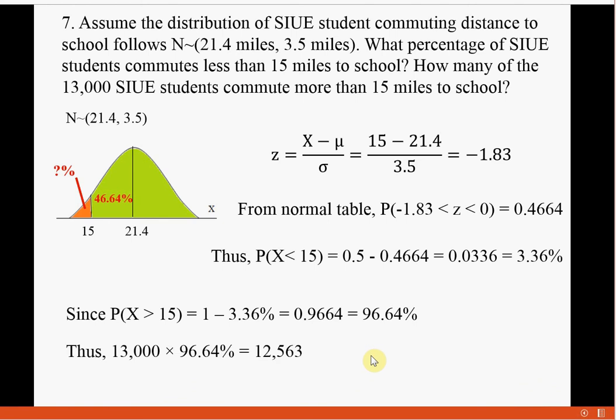You complete this calculation, 13,000 multiplied by 96.64%. That gives us 12,563. You round to the nearest number to obtain this value. Okay, so that is the answer to question number 7.